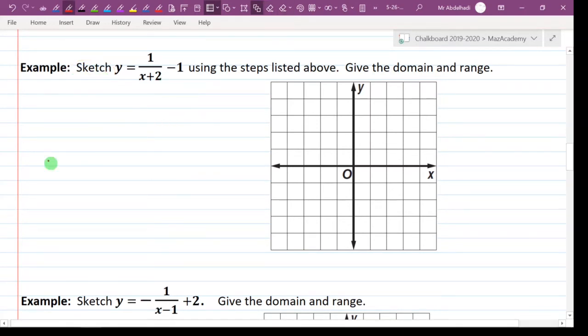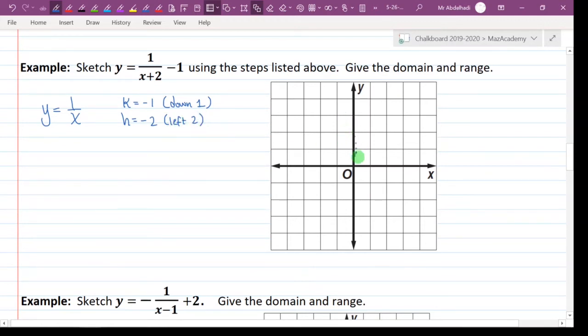Remember, your parent function is y = 1/x. So you say, what did I do to the parent function to get this function right here? Well, obviously I put a -1 here, and that's my k. K is -1. That means down 1. What's my h, my horizontal shift? Well, it's supposed to be x - h. That says +2, so h must be -2, which means to the left 2.